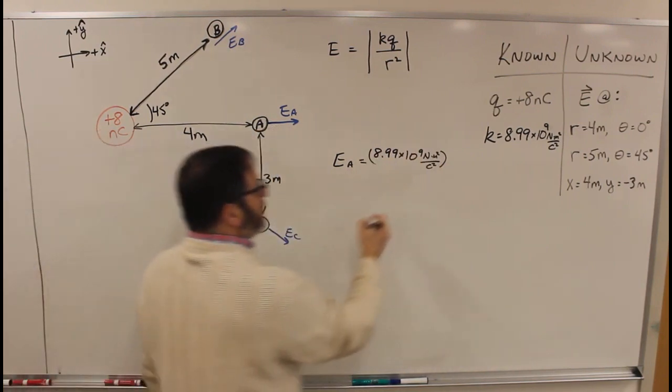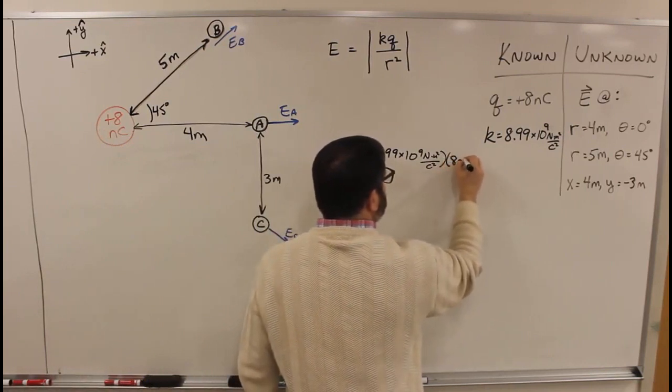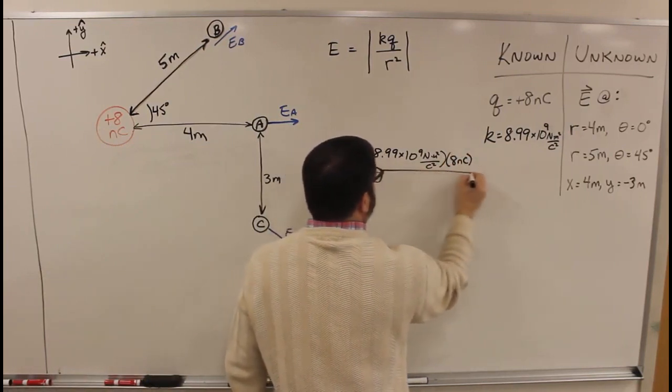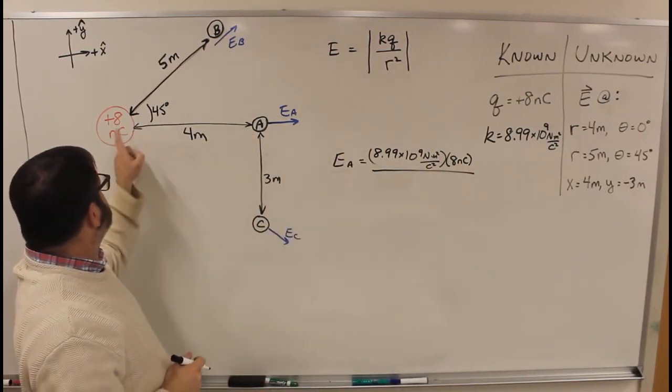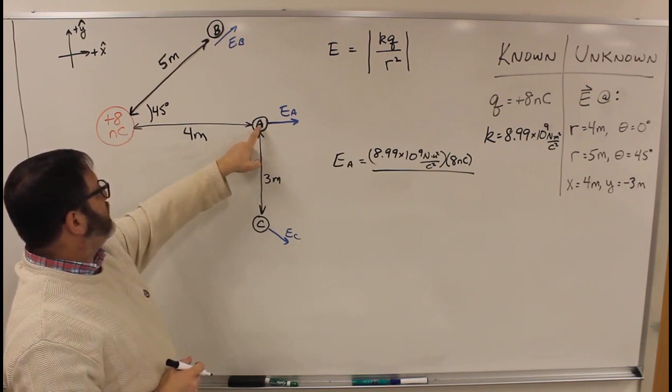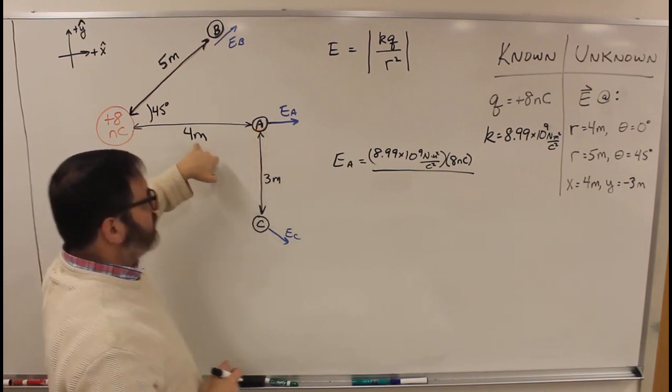So +8 nanocoulombs over r squared. R squared, r is the distance from the charge to the position we're talking about. So that's 4 meters.